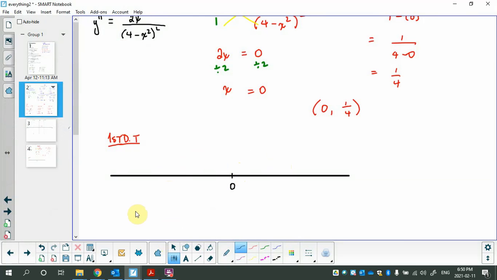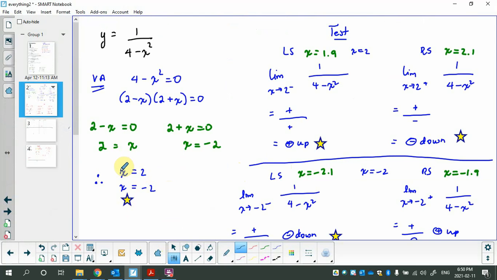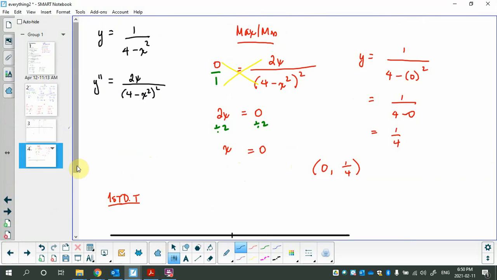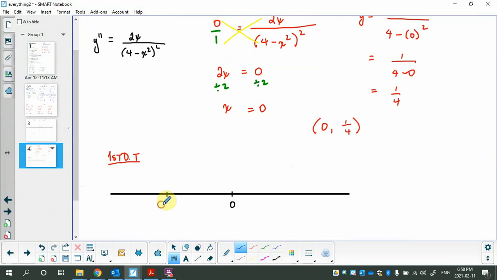You have to reach back into your vertical asymptotes, whether it's here or whether it's on the picture, and you have to put on 2 and -2 onto your x number line as well. So you have other values to work around. And that's because you're not allowed to pick an x value of -2, and you're not allowed to pick an x value of 2, so now you have more values to test in between.